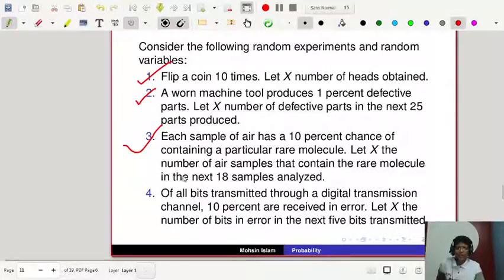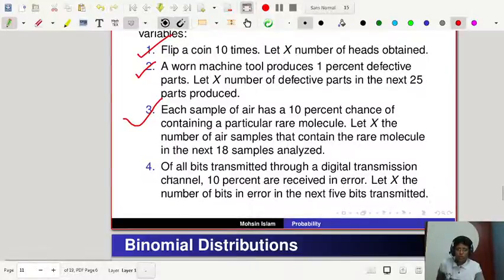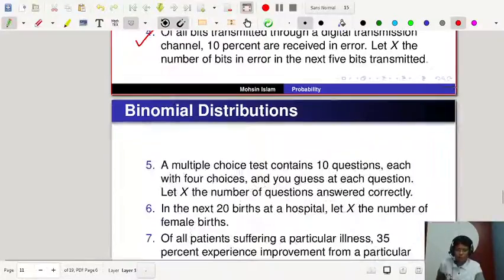Let X be the number of air samples that contain the rare molecule in the 18 samples analyzed. Also, of all bits transmitted through a digital transmission channel, 10% are received in error. Let X be the number of bits in error in the next 5 bits transmitted. These are examples of binomial distributions in real life situations.